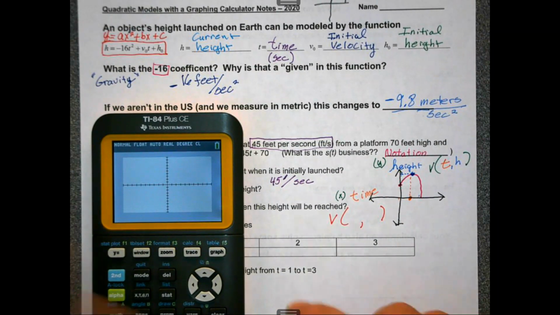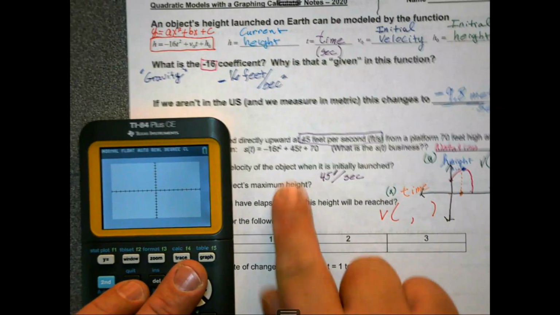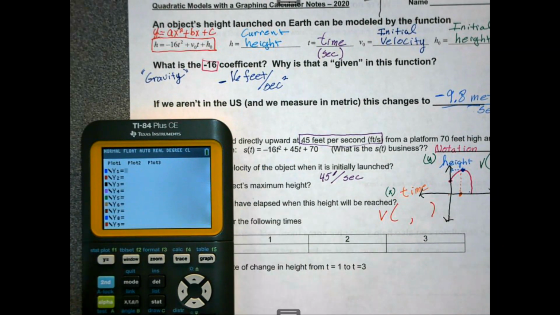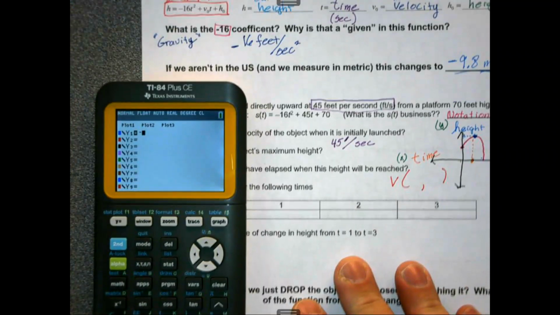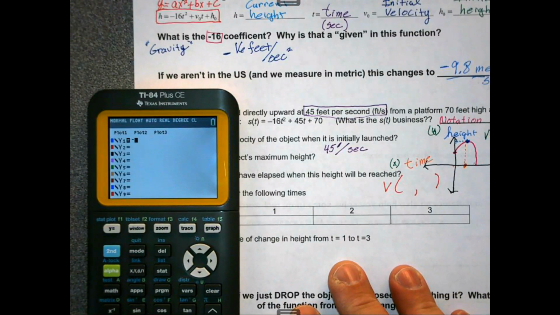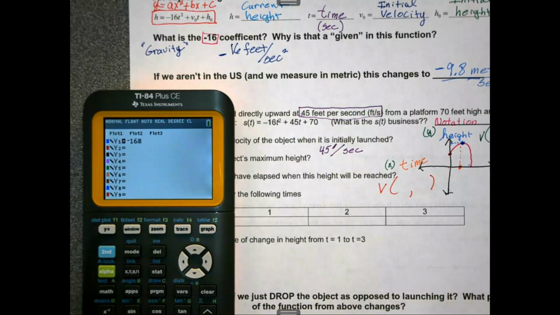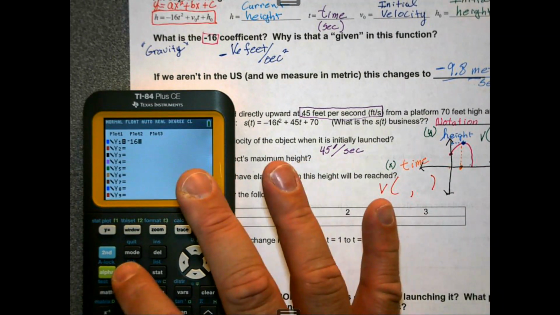So I'm going to put in my function, which is negative 16 t squared. So y equals, use the negative key, not the minus key. Here's the negative key. I used the minus key once and it got a syntax error. So negative 16. Now we do have a t, but it's kind of a pain to get to, so I'm just going to use x.